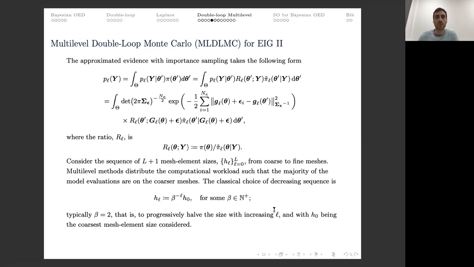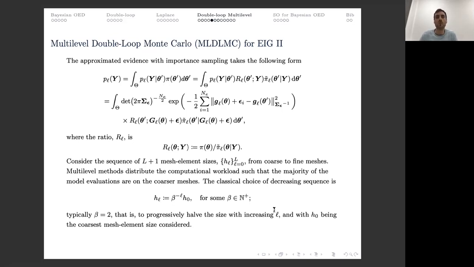We do the same with the approximated evidence, replacing G by G_L. And here R_L is just the ratio between the prior and the posterior approximated using the Laplace approximation, again just to simplify notation.